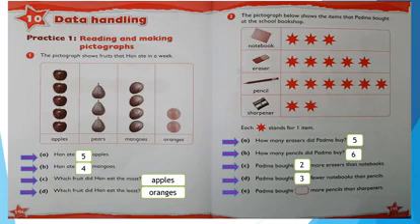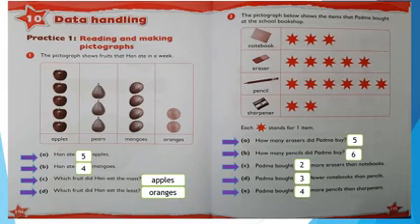So how many pencils? 6. How many sharpeners? 2. So if you're going to subtract, 6 minus 2, the answer would be 4. Did you get all the answers correctly? Okay, you can just pause the video if you want to answer on your own.